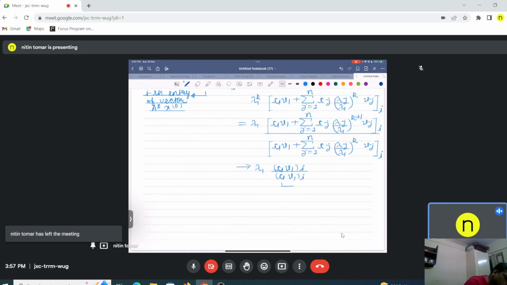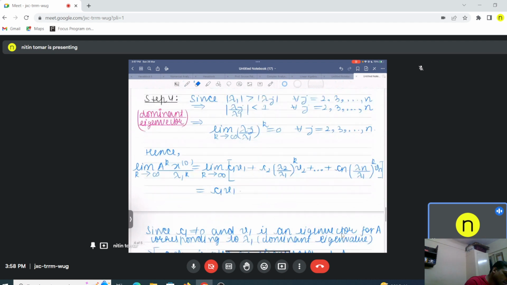So you just choose i such that the ith entry of c1 v1 is non-zero, and this will be true because c1 v1 is a non-zero vector. So then it will be lambda 1 as k goes to infinity.